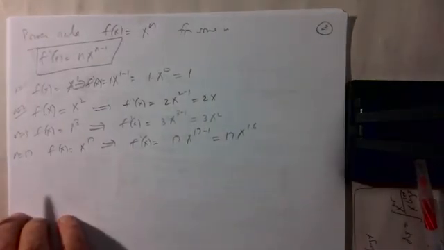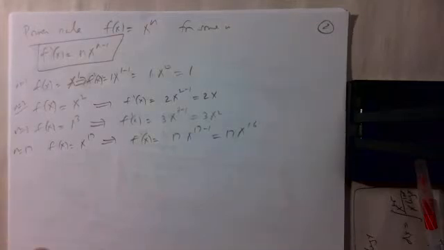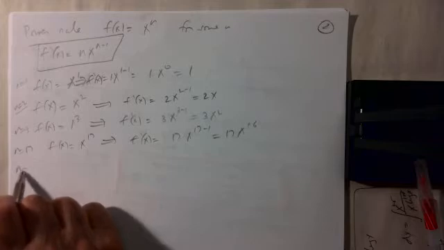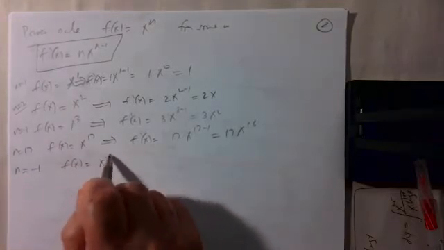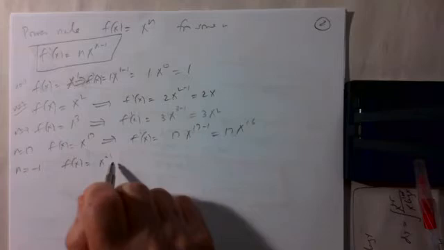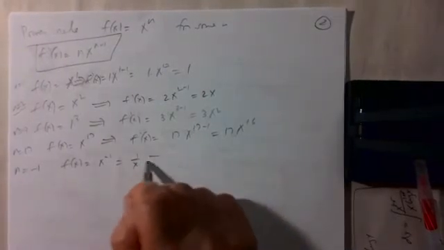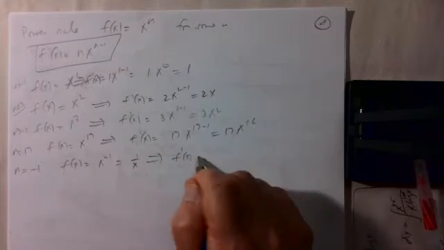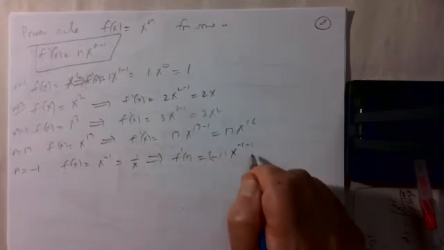And in fact, this power rule is true whether n is a positive integer, a negative integer, a fraction, or any other kind of number. So if n is equal to minus 1, f of x is x to the minus 1. x to the minus 1 is 1 over x. That's the way you would often write it. And so f prime of x is minus 1 times x to the minus 1 minus 1.